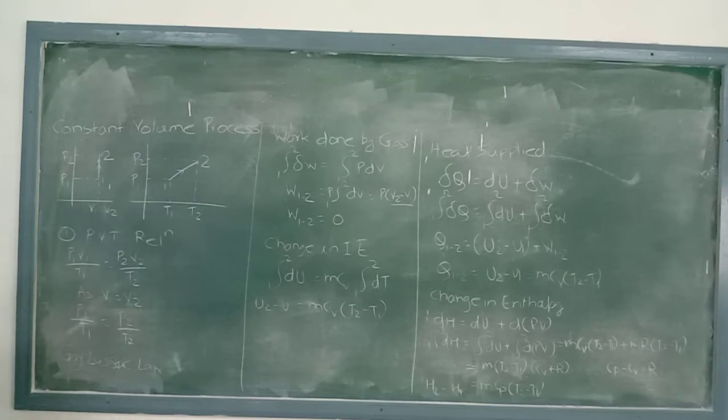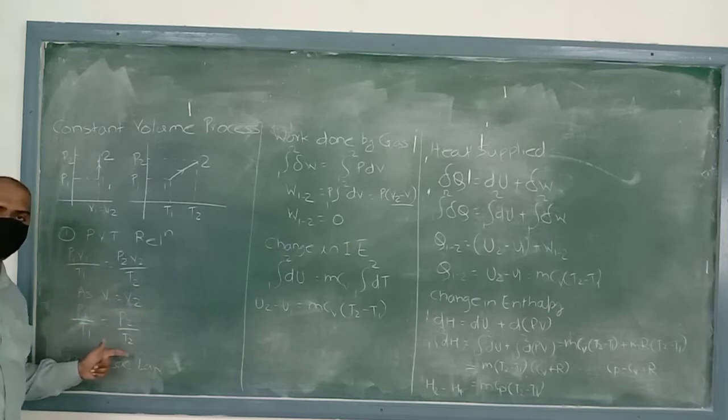As per the gas law, the Gay-Lussac equation, as we have studied, at constant volume the pressure is directly proportional to the temperature. So this PVT relation of the constant volume process gives the Gay-Lussac law, that is P1 upon T1 equal to P2 upon T2.